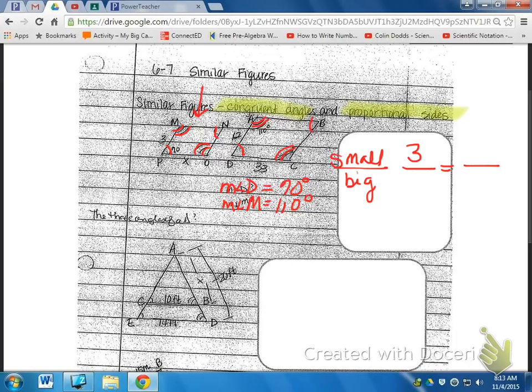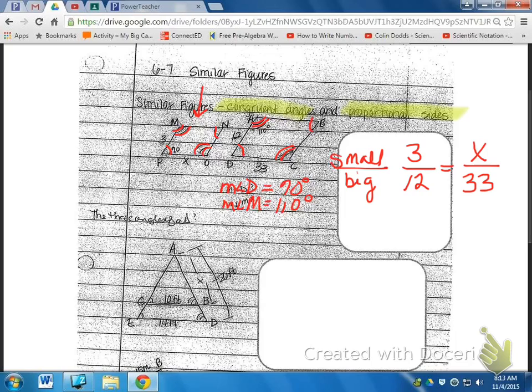So 3 from the small parallelogram matches what length from the big parallelogram, Cece? 12. Okay. We need to look for one more side from the small one, Shane. Yeah, that's the one we're looking for anyway, X. And X matches what, Stephen? 33.